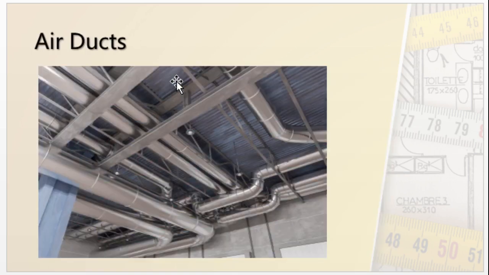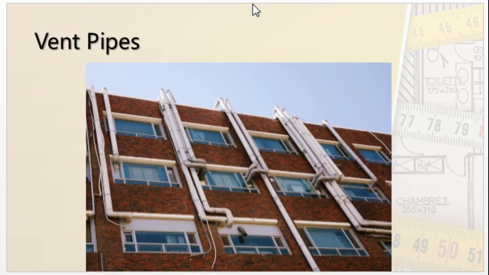We see air ducts over there. As you can see, there might be a central air conditioning system, and for that we use air ducts, or maybe vent pipes as well. Vent pipes, you can see these pipes, these are very well known pipes.